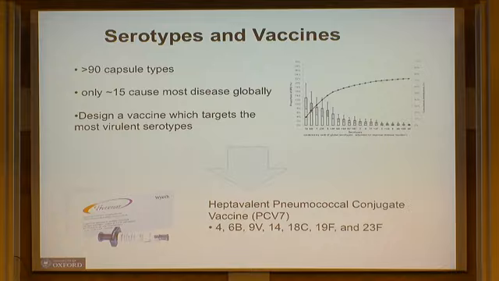So here's a vaccine, PCV7, which contains a set of these serotypes, and the idea was, well, at least we're not going to knock out all 91 of these, every day the catalogue grows, but let's at least target those 7 that are actually causing disease.